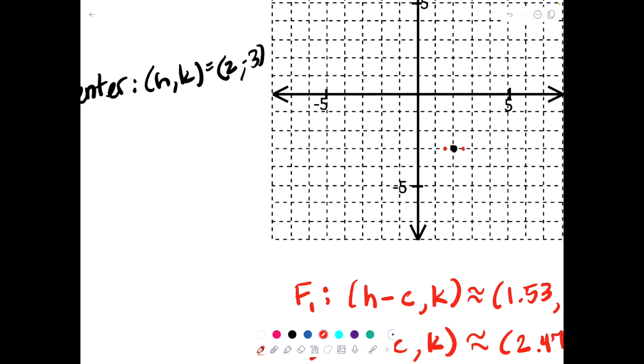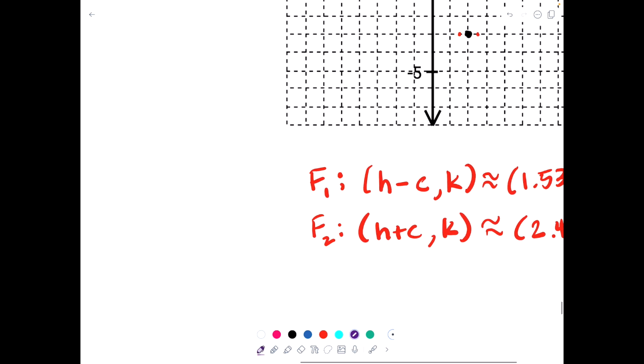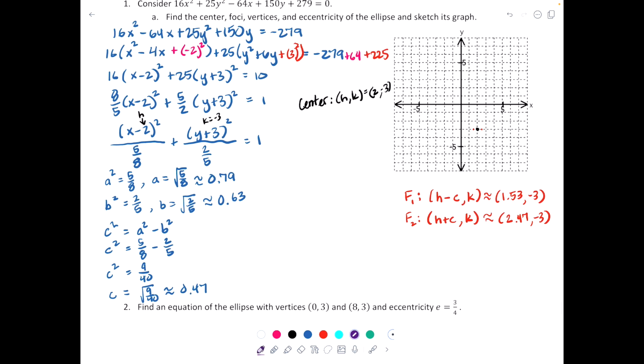And then for the vertices, we'll come back to the drawing board here. So our first vertex will be at H plus A comma K, which is, H is 2, and A, that'll also be approximate. We got 0.79, so we'll call it 2.8 comma -3.